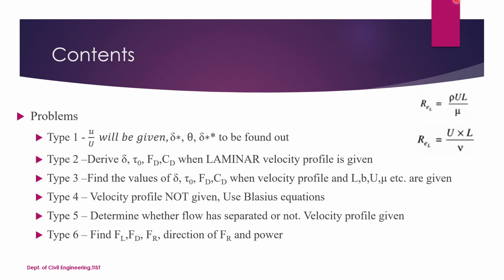Now this mu by rho can be written as nu, where mu is the coefficient of dynamic viscosity and nu is the coefficient of kinematic viscosity. So you can use these two equations for finding REL.